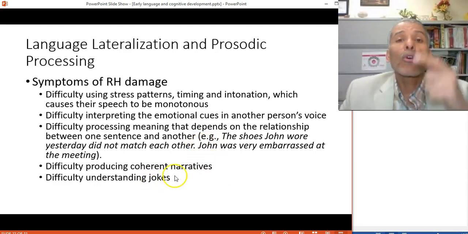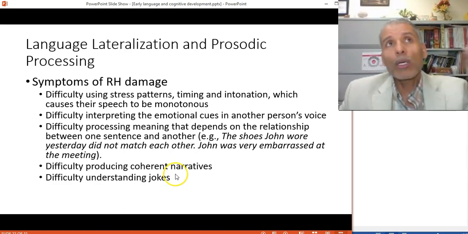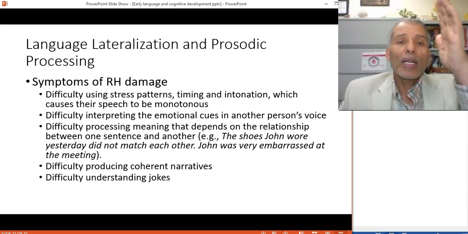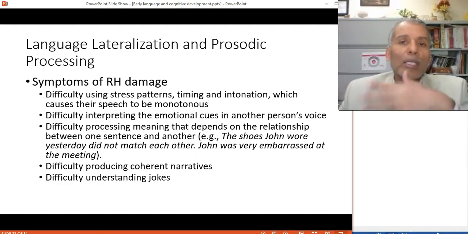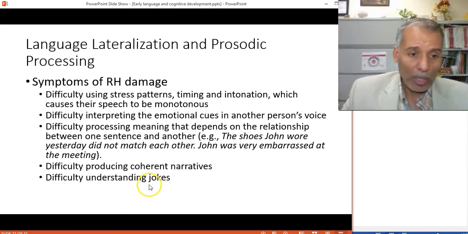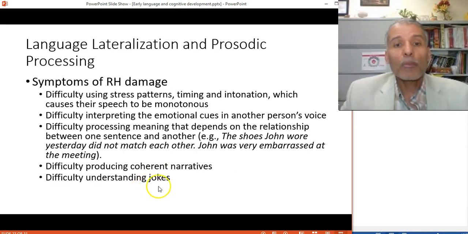Difficulty producing a coherent narrative. They go from one thing to the other. They might not begin with the beginning. Things are out of sequence and details are missing and very incoherent, there's no cohesion to what they say, and difficulty processing and making jokes.